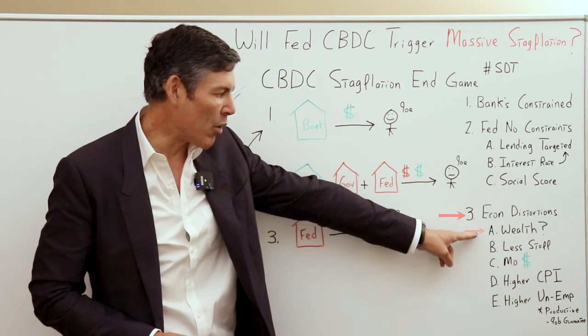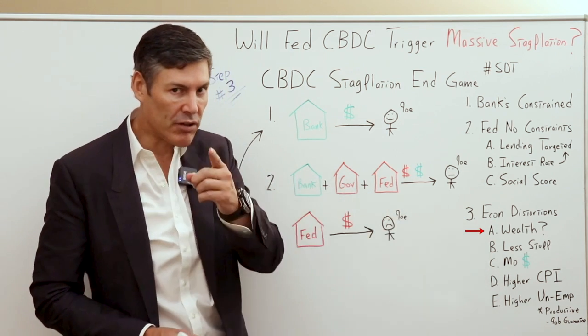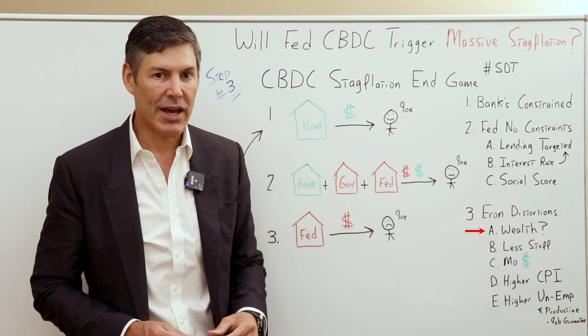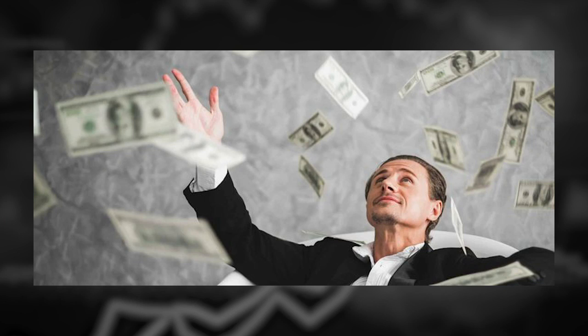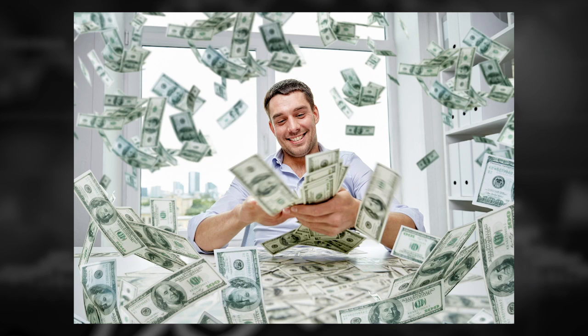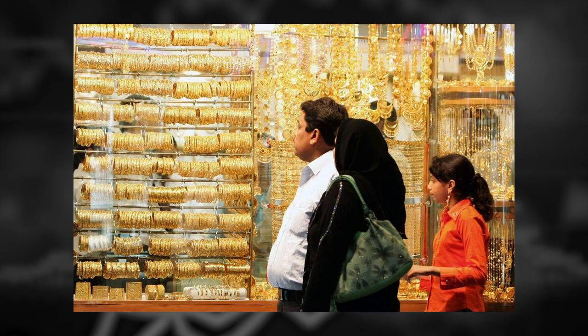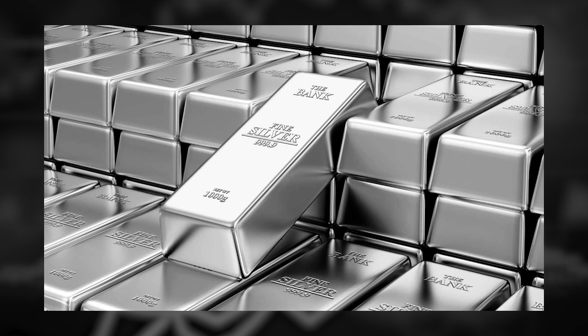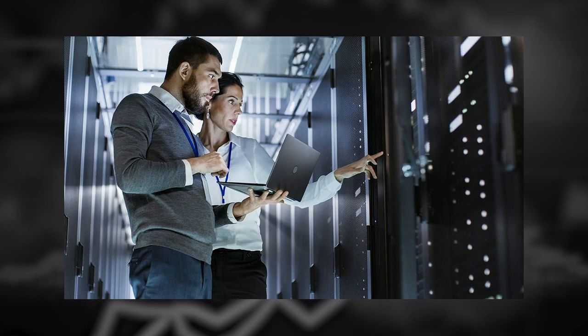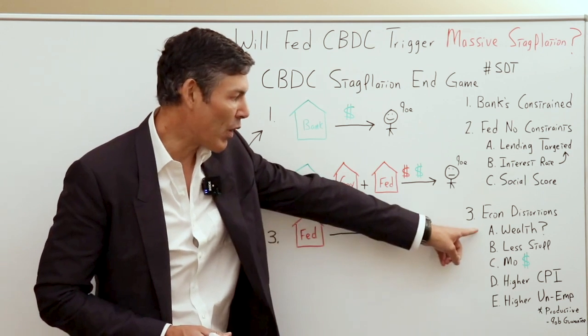So let's remember how we define wealth. You guys know from watching my channel, it has nothing to do with the amount of dollars or currency. It really has nothing to do with the amount of gold or even Bitcoin or silver. It has to do with the amount of goods and services an economy can produce efficiently. That is wealth.